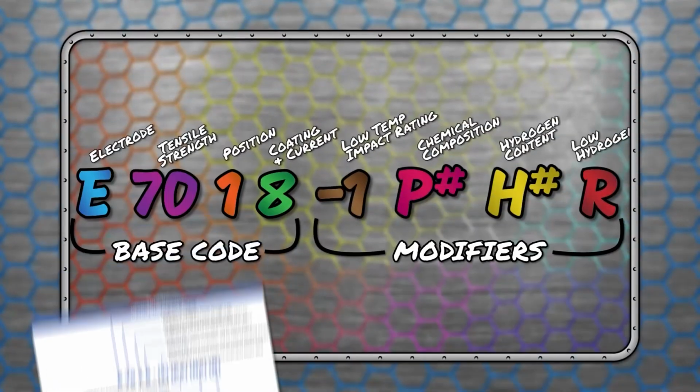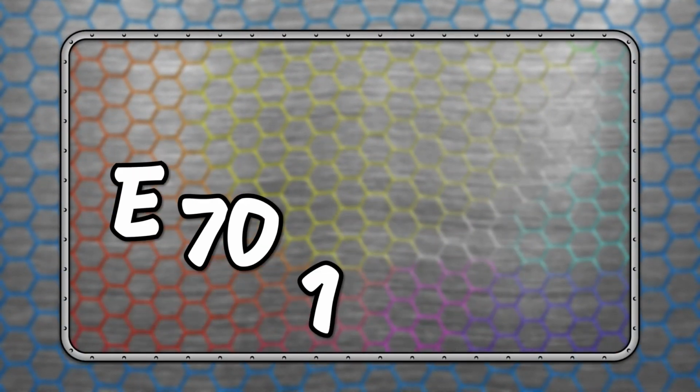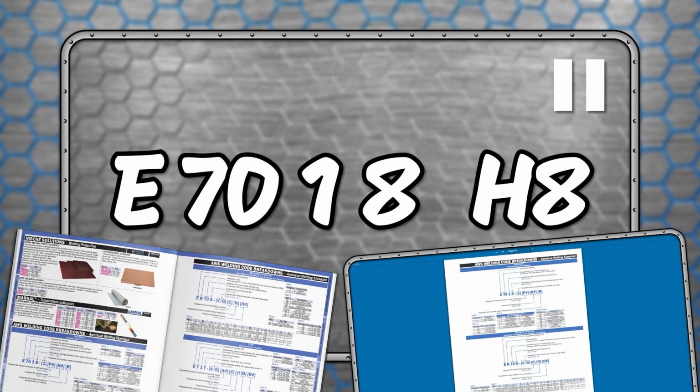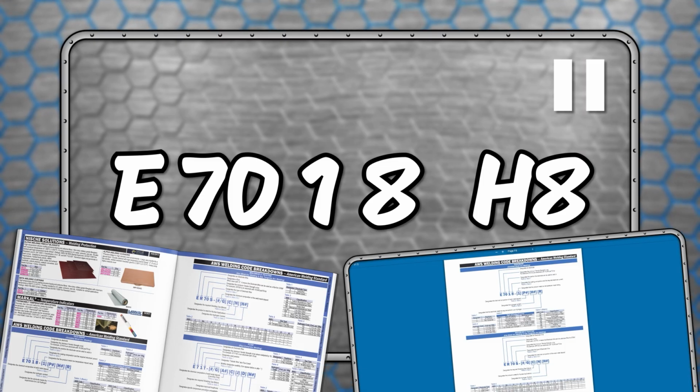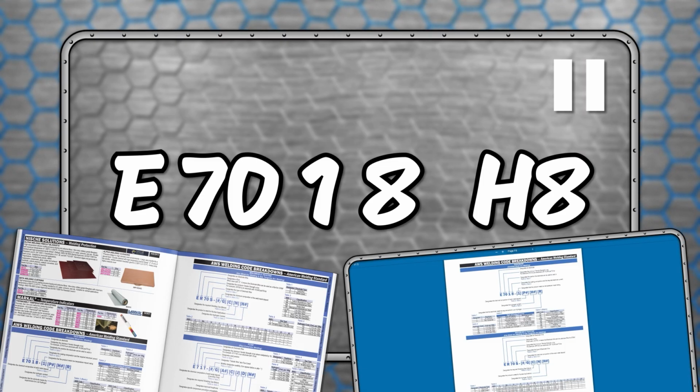After the initial breakdown, try pausing the video whenever a code appears and see if you can figure it out yourself using the resources we've made available. As they say, the best way to learn is by doing.